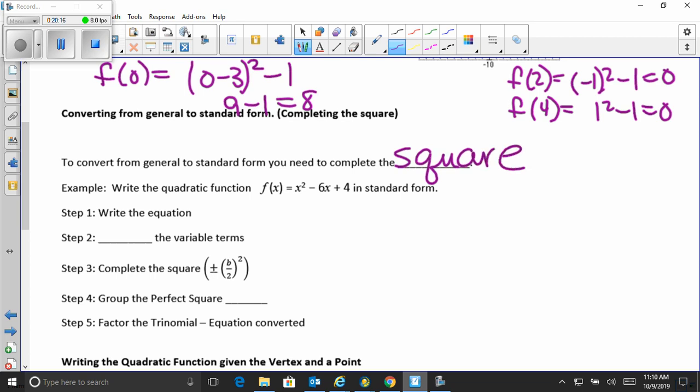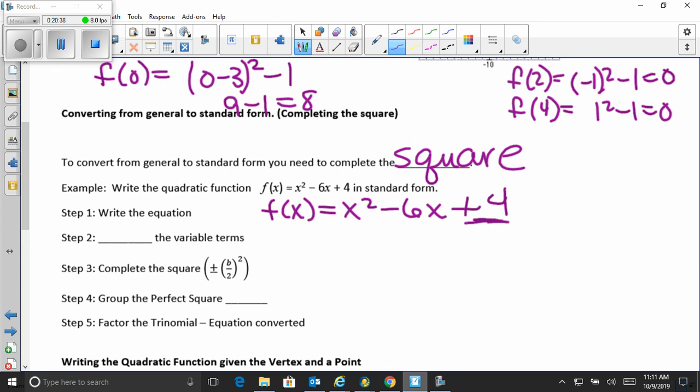So first we start with our original function, f of x is equal to x squared minus 6x plus 4. This is not a perfect square trinomial. That's why we're having an issue right there. We can't factor that and have it be just a binomial squared, so we need to make it that way.